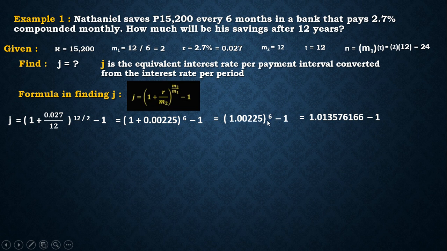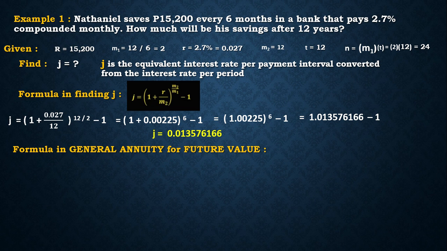So, kinonvert po natin ito. Ito po ang lumabas. And then, we have to subtract 1 dun sa 1.013576166. And J is equal to 0.01357666. Now, after finding the value of J, let's have the formula in general annuity for future value.